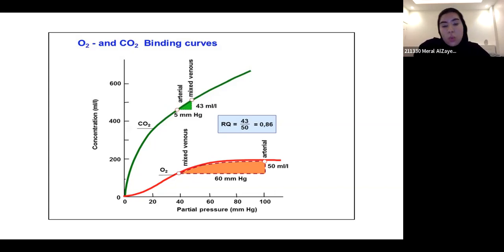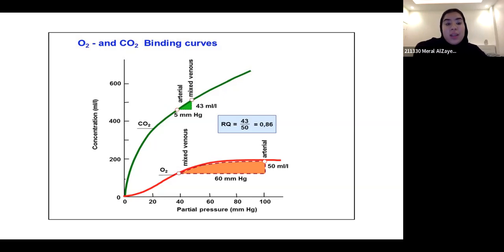It gets exchanged with carbon dioxide. So 50 milliliters per liter of carbon dioxide gets added, or gets put in our blood, because it's just normal gas exchange. The body takes oxygen and releases carbon dioxide, okay?